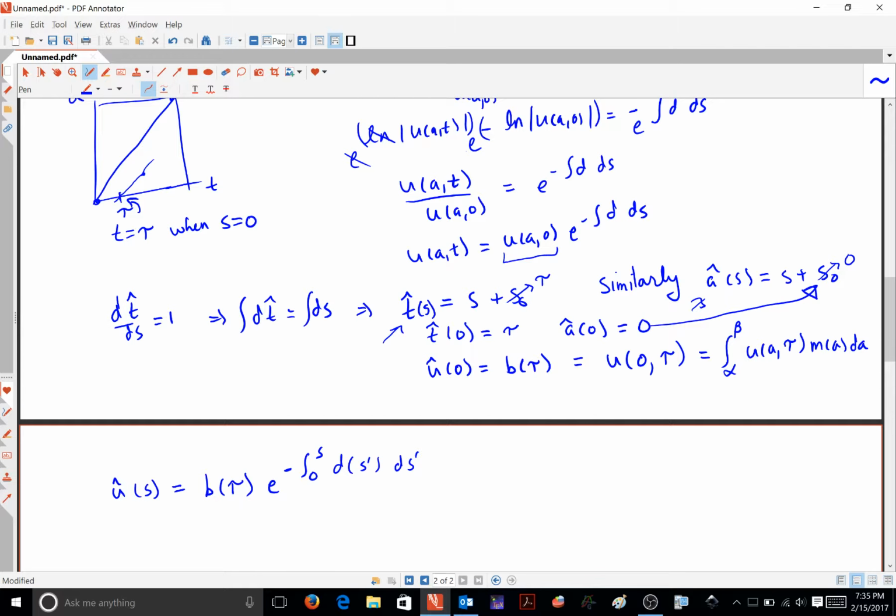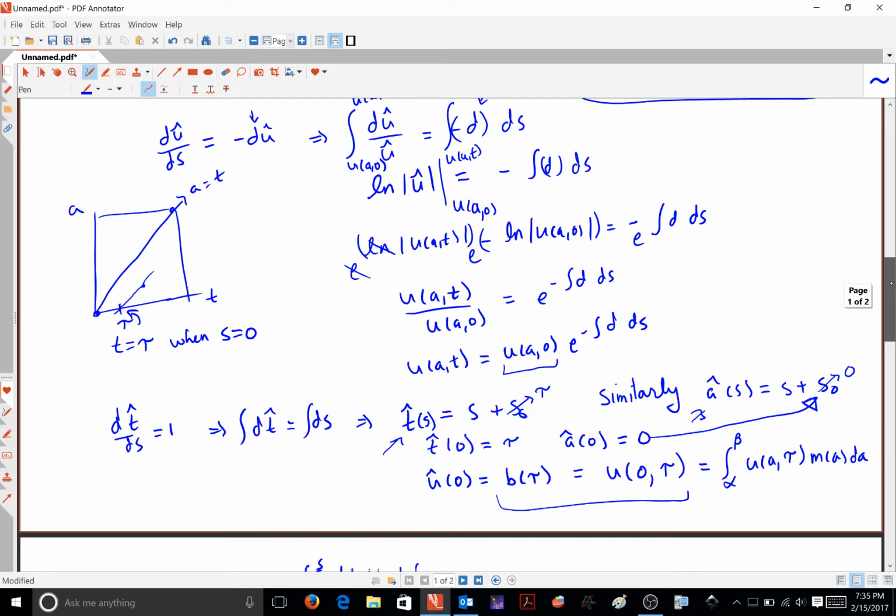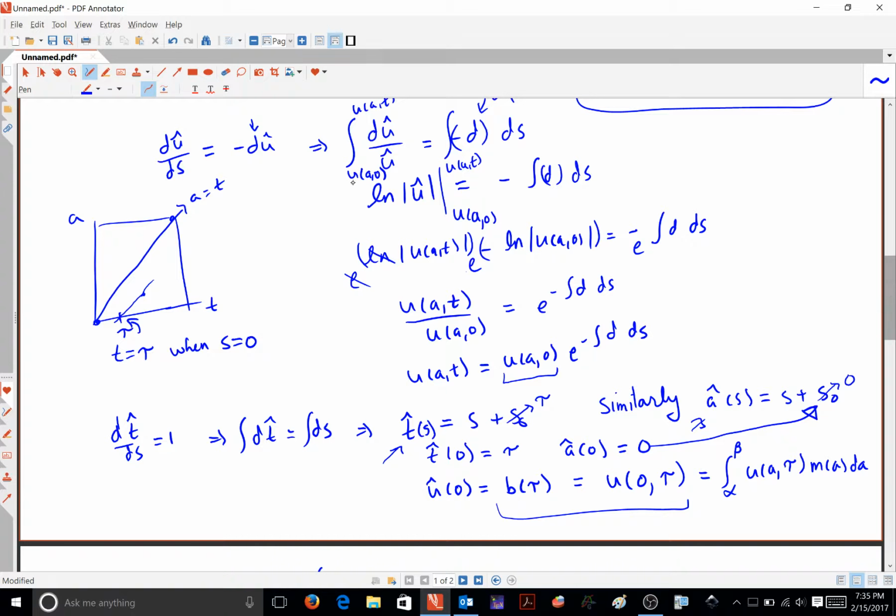This amount right here comes from plugging in our b of tau for our u0 of tau. So when we go back and look at this integral up here, I had done it with respect to a at time 0, but then if we said a is equal to 0, then you get u when a is equal to 0.